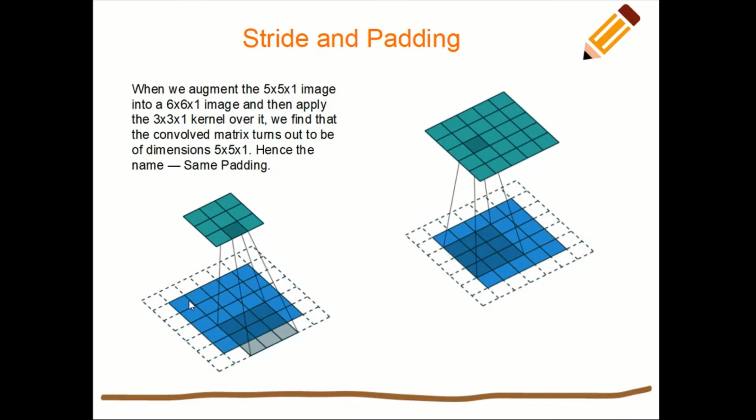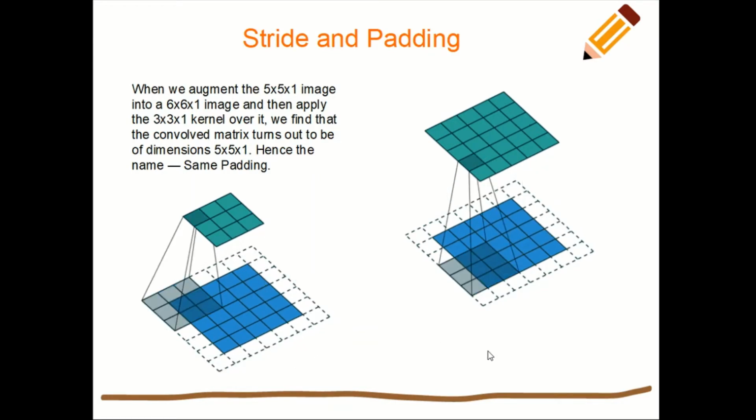The original image size will be bigger than the feature map. But if we put some dummy pixels around this image and then move the filter across it, then the size of the feature map is going to be maintained. For example, if this is 5 by 5, the feature map could be something like 4 by 4.